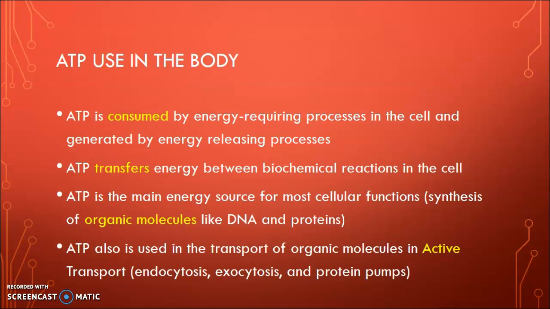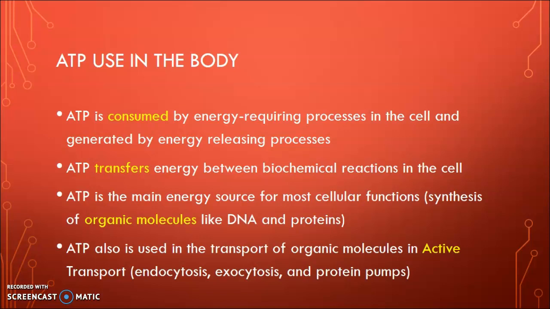ATP is used constantly in the body for different cellular processes. We're going to see it being used to transfer energy for different biochemical reactions. And in order to receive that amount of energy that we're going to need, we're going to have to get that energy from the food that we eat. So ATP itself is consumed during these energy requiring processes like active transport processes.